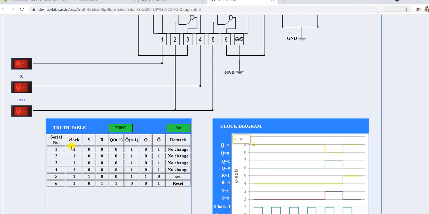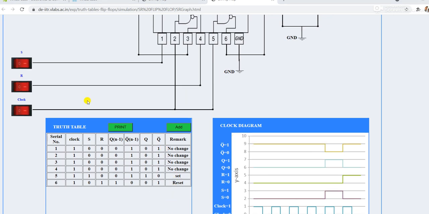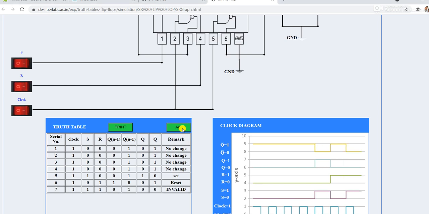Now the last condition is S equal to 1 and R equal to 1. Apply the clock and then click on the add button. Now clock equal to 1, S equal to 1, R equal to 1. Your previous state was 0, 1.